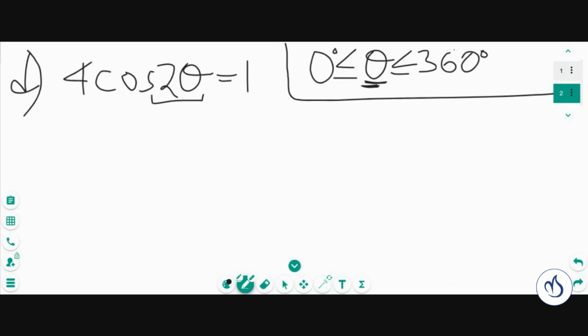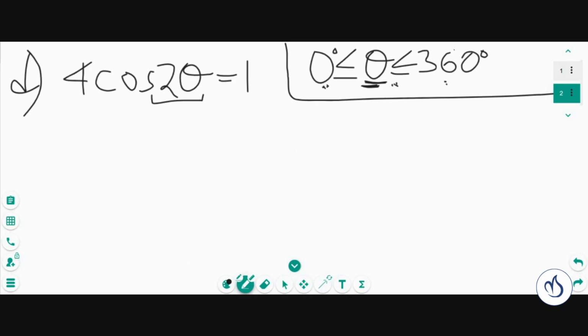It means I have to do something. Most likely, I will change my range a bit. I'm going to double everything in this range. I'm going to multiply 0 times 2, theta times 2, 360 times 2, so that I get the range of 2 theta.